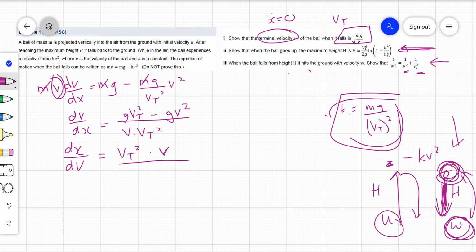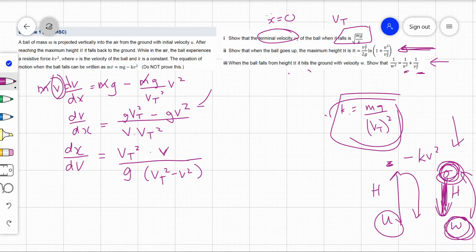We already know the answer to that. And then look at this top, I can factorize it by g, and g is a constant, and I've got vt squared minus v squared left there.